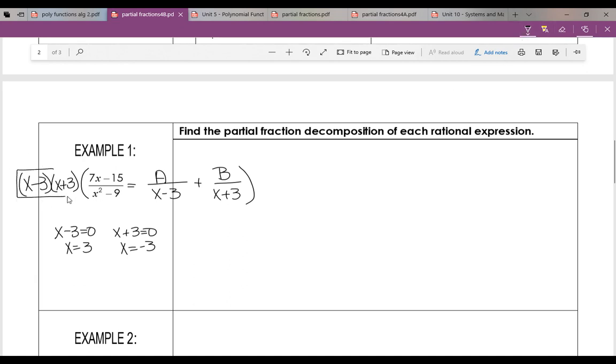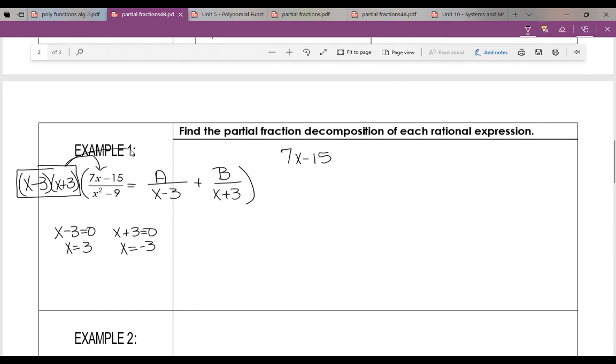Now, that is my least common denominator. The least common denominator will always be the original fraction's denominator. That's the easy part. So when you multiply here, you just get the 7x minus 15, because this would cancel with those factors.